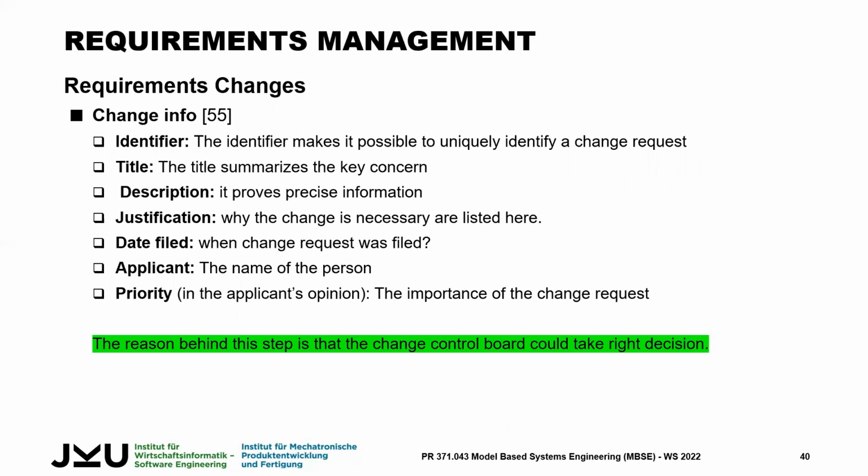This is the change information. What information do you need to put into the change information, because you also need to have a document there, and those documents also have the identifier, title, description, justification for why the change is happening, and when the date is filed, who is the applicant, and the importance of the change request, based on the applicant, what is the importance, or why he is giving this one the priority, that has to be analyzed.